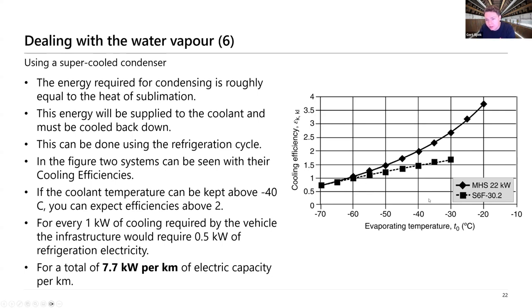But at our pressures, -22 degrees is the triple point. So assuming somewhere between -30 and -40 degrees, you can expect that you can design refrigerating systems that exceed an efficiency of 2. That means for the total system, you would need around 7.7 kilowatts of electric power per kilometer to be able to supply this cooling need.